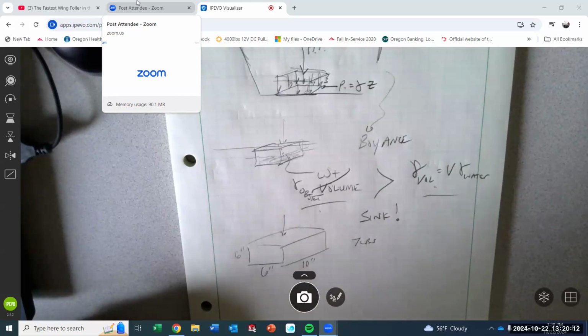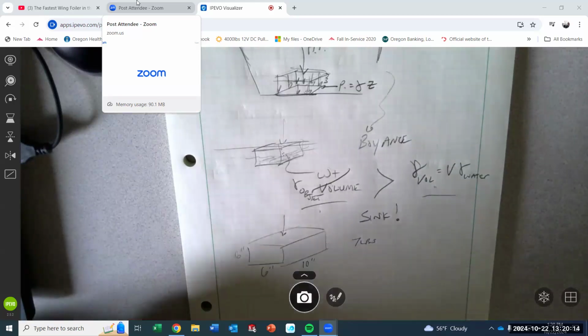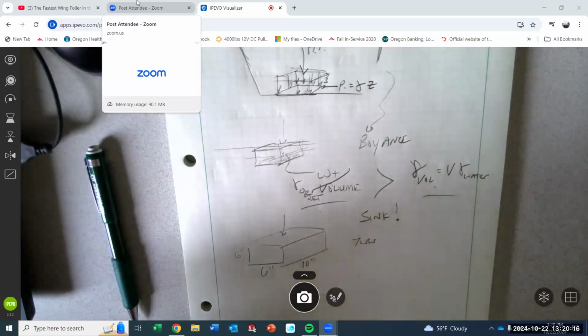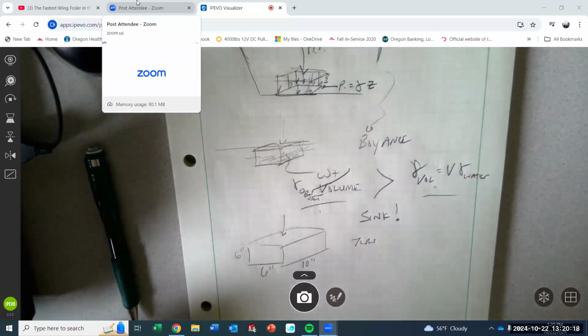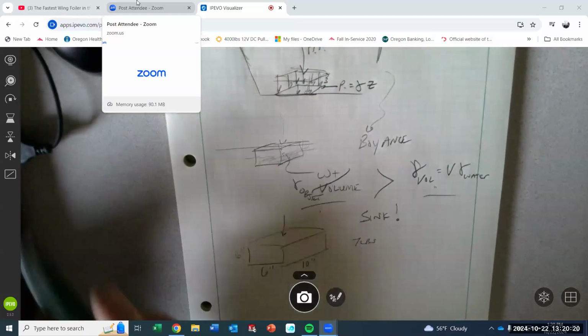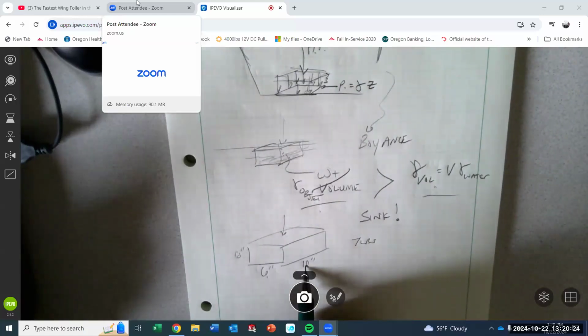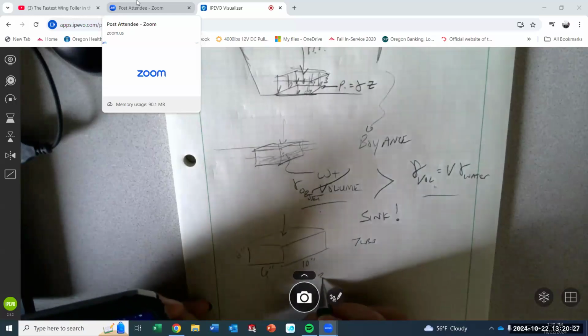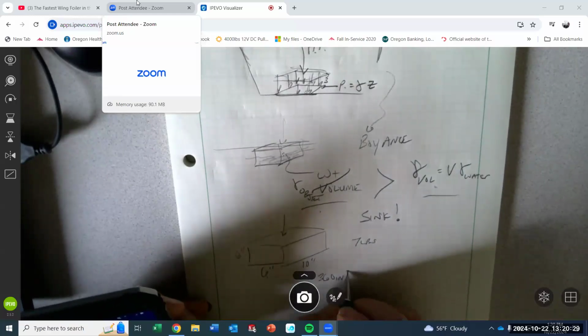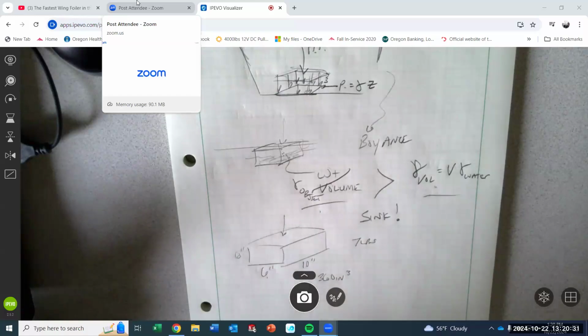And so the first calculation is just whether it is going to float or not. That's easy to do. We just get the volume of it. 6 times 6 is 36, times 10 is 360 inches cubed, right?